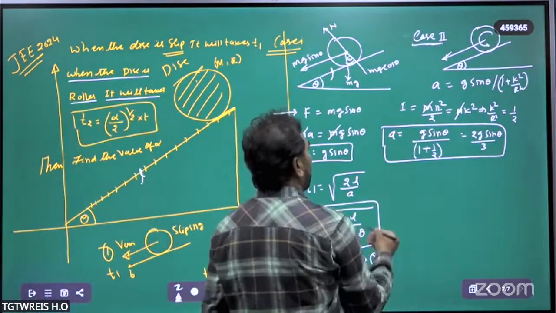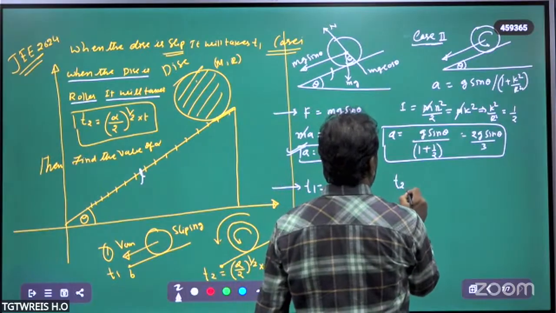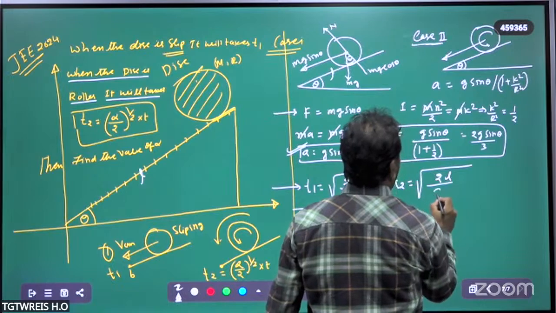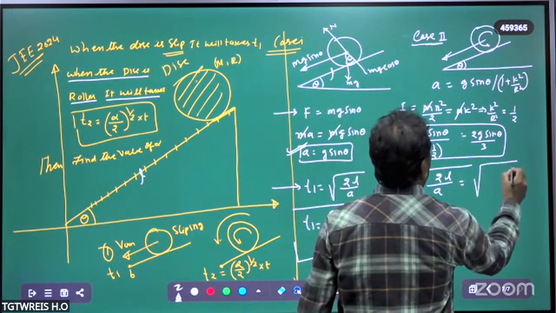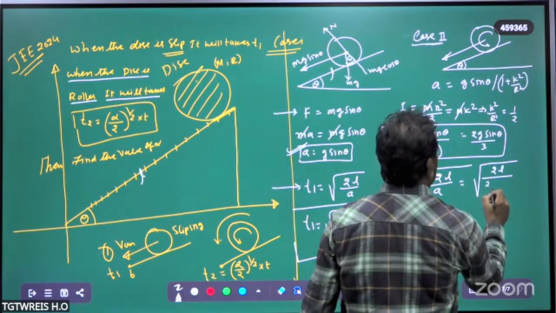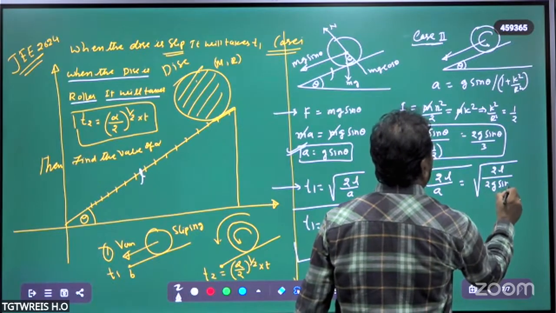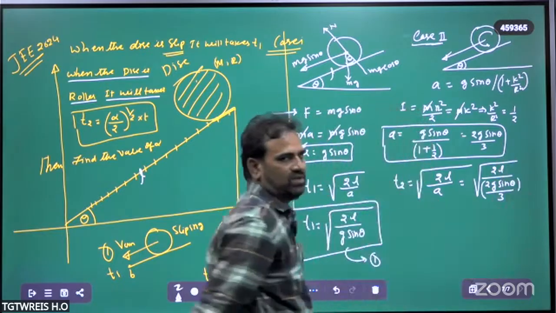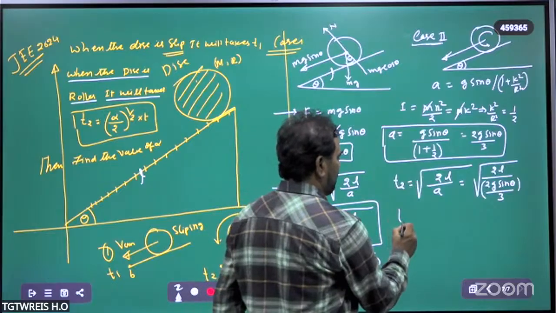In this case, the time taken by the disk is given by T2 is equal to root over 2L upon a, that is equal to root over 2L upon, what is the value of a? 2g sin theta upon 3. So what is the value of T2?